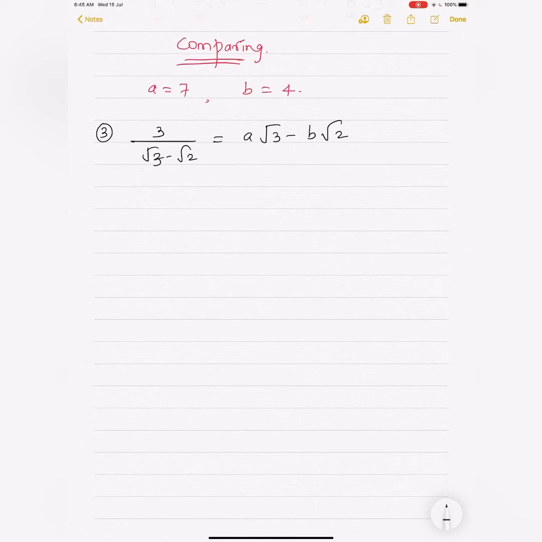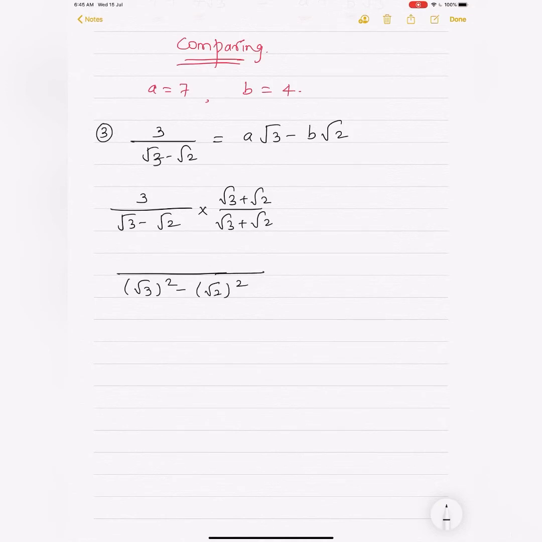So here we can again rationalize the left hand side first. So 3 upon root 3 minus root 2, multiply by root 3 plus root 2 upon root 3 plus root 2. What will this become? Root 3 squared minus root 2 squared, and here you'll have 3 into root 3 plus root 2.